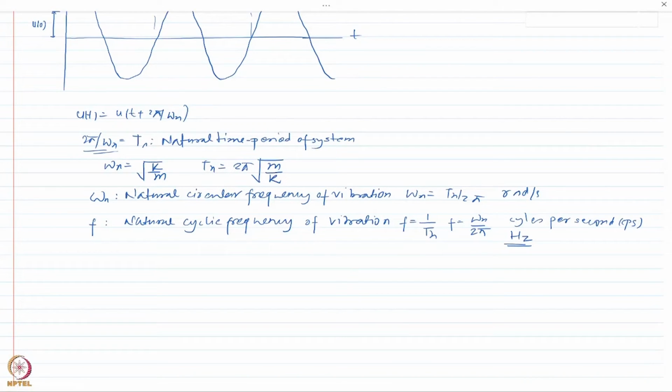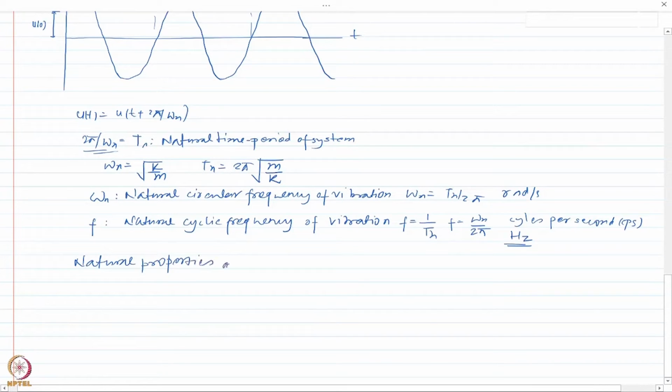So maybe I'll write it here: natural properties are defined for undamped system, without action of external load.